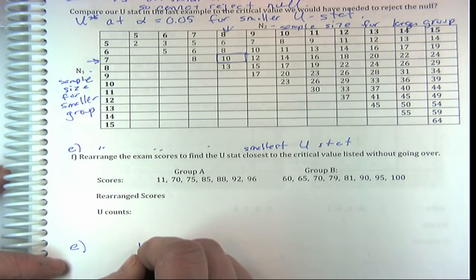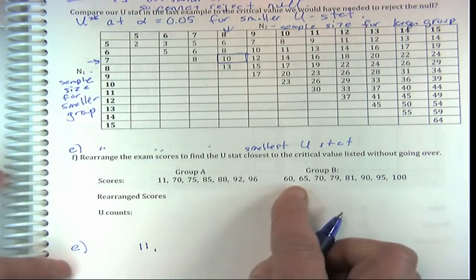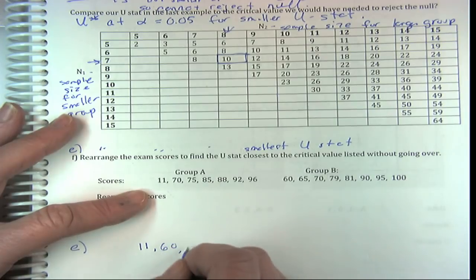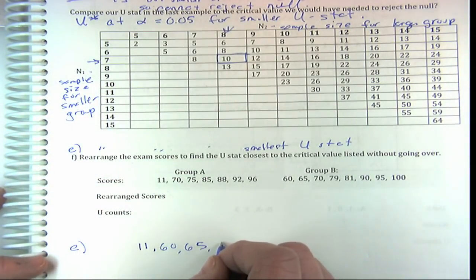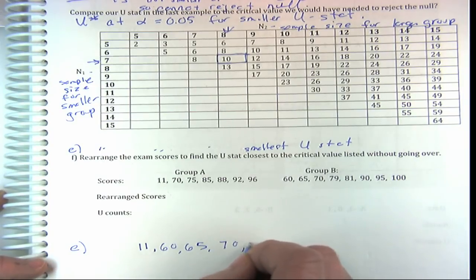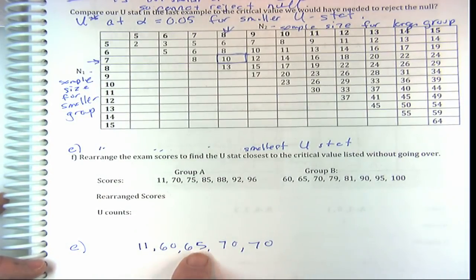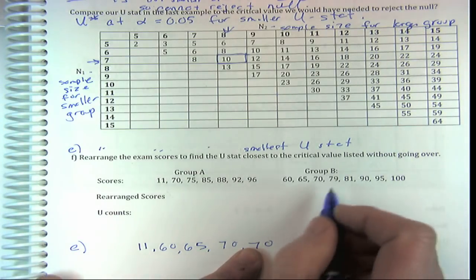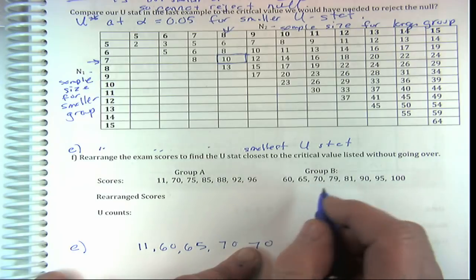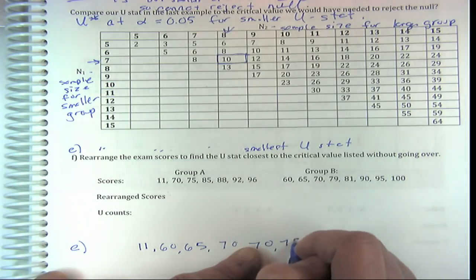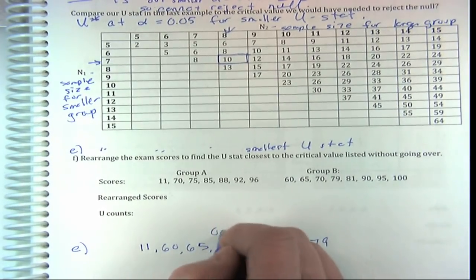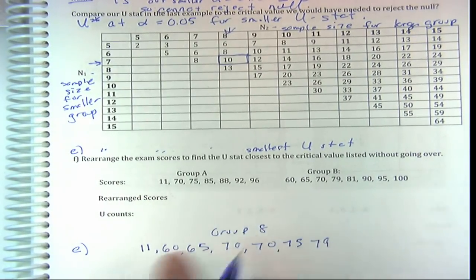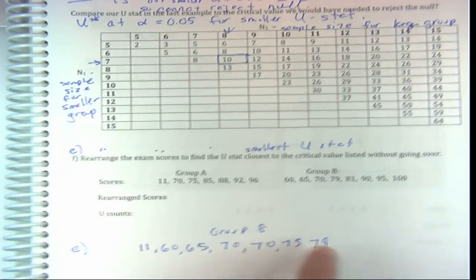So we'd say 11, 60, 65, the two 70s, right? 1, 2, 3, 4, 5. 75 is the next one, and what would be the next one? 79? So that would be group A, with 7 scores: 1, 2, 3, 4, 5, 6, 7.